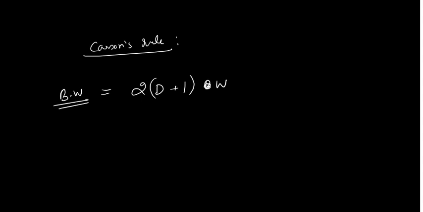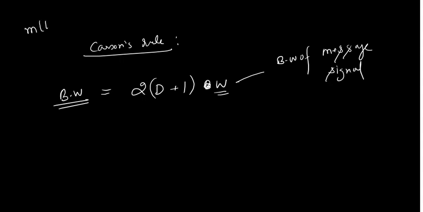I am just stating it without proof, that the bandwidth of an FM or PM signal is 2 times (D plus 1) W, where W is the bandwidth of the message signal. So, for any arbitrary message signal m(t), which is band limited to W, the bandwidth of the FM modulated waveform.